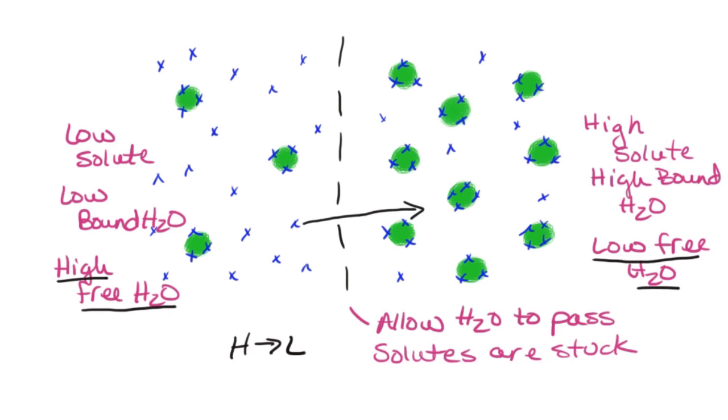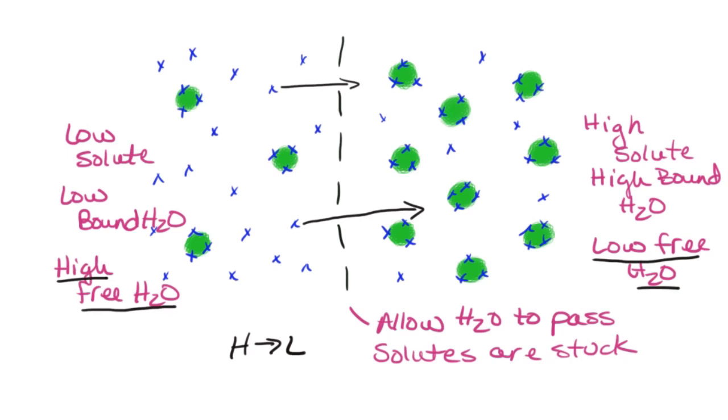With osmosis, the free water molecules are what we're really interested in, and those free water molecules are going to diffuse down the free water concentration gradient. They are going to move from a region where they are at a high concentration to a region where they are at a lower concentration, and they will continue to do this until we reach equilibrium. In other words, they will continue until we have the same free water concentration on both sides of the membrane. So again, water is going to continue to move in this direction.